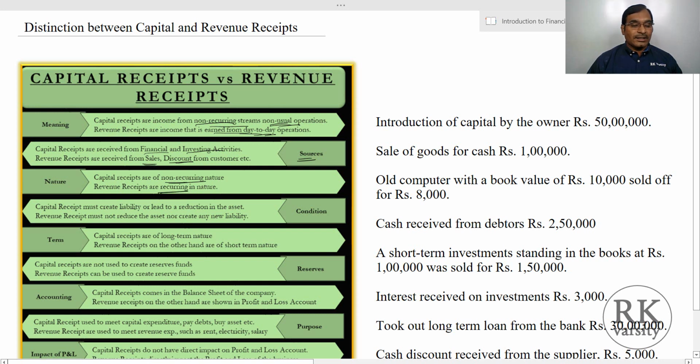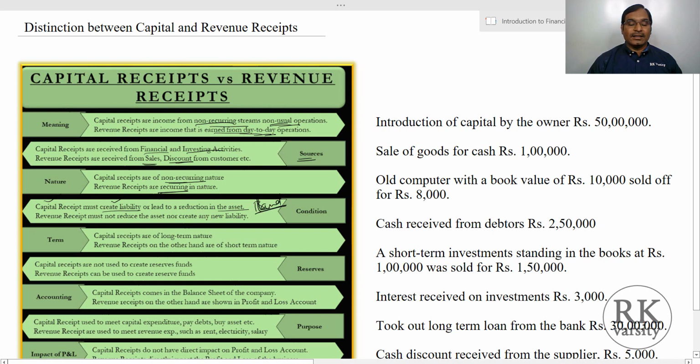The condition is that a capital receipt must create a liability or lead to a reduction in an asset. Creating a liability: suppose you borrowed a loan, so you owe that money to the bank or financial institution from whom you borrowed. So it is creating a liability, and that's why it becomes a capital receipt. On the other hand, a reduction in an asset: you purchased a piece of land and you sold this land.